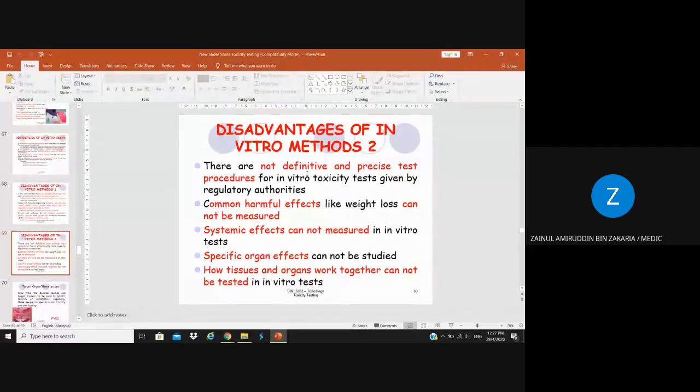So you don't have a definite or precise test procedure. When you do your test, you sometimes have to modify it according to your lab condition.